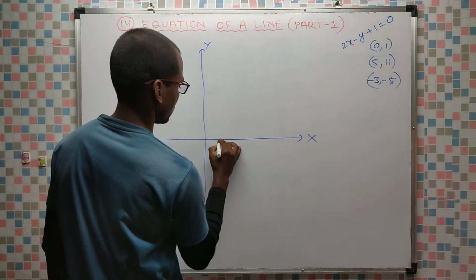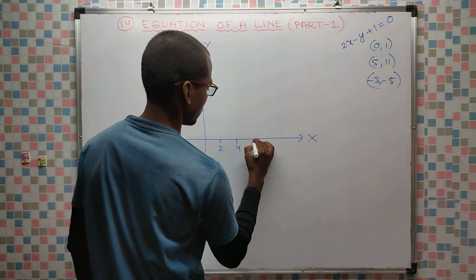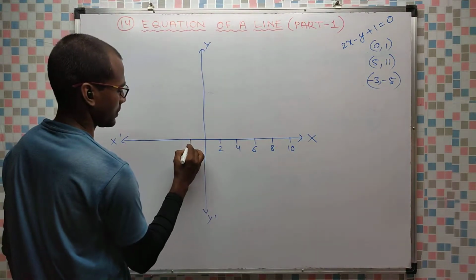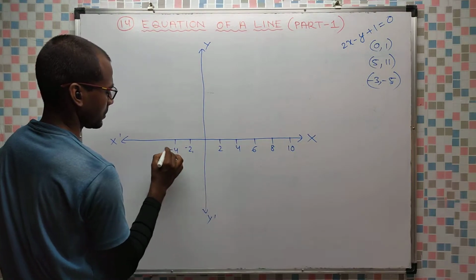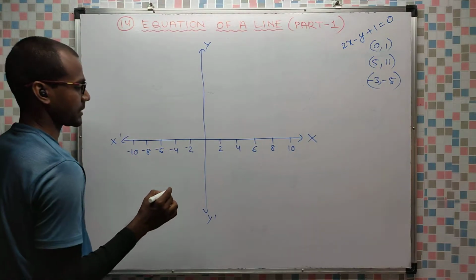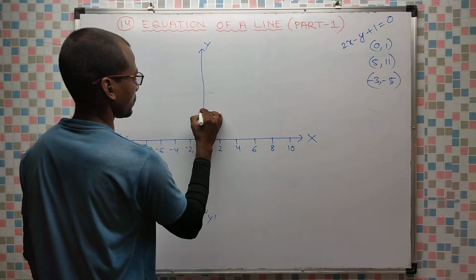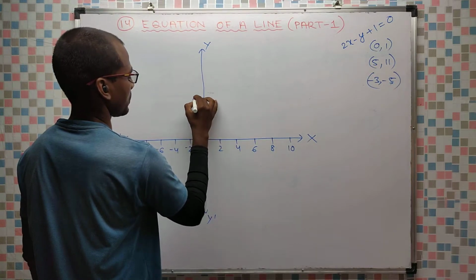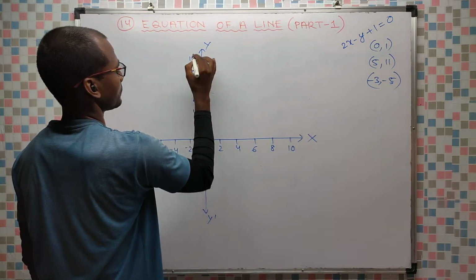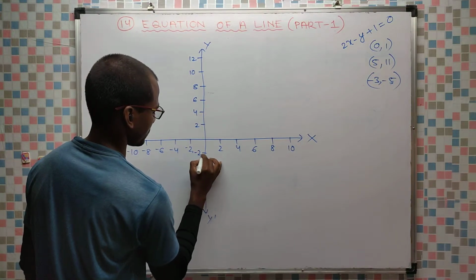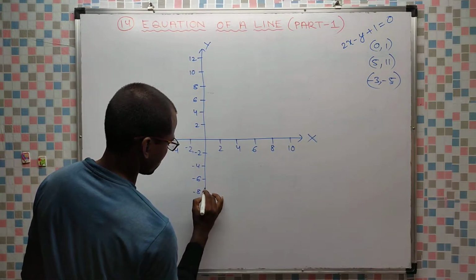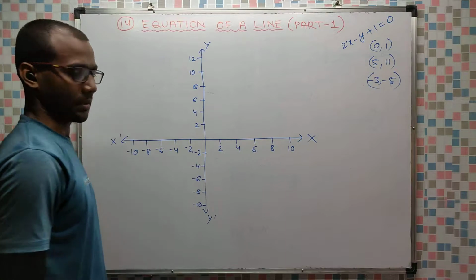Suppose this is 2, 4, 6, 8, 10, minus 2, minus 4, minus 6, minus 8, minus 10, and so on.